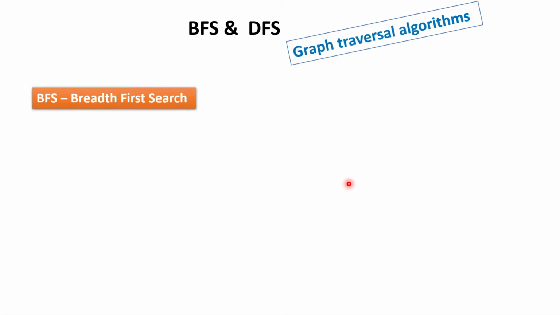BFS stands for breadth first search and DFS stands for depth first search. What does breadth actually mean? Breadth means wide, right? So for breadth first search, we will search level by level. From one level, I will first search what are the vertices present in that level.